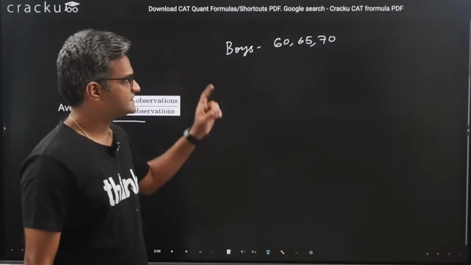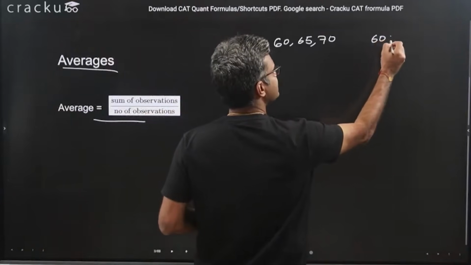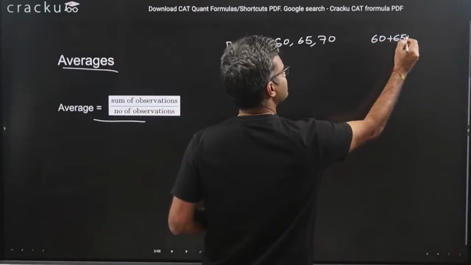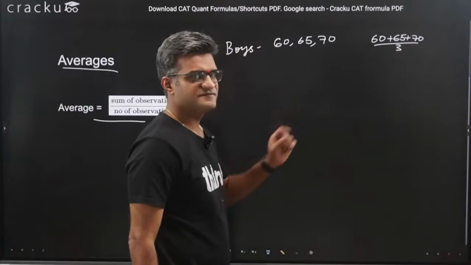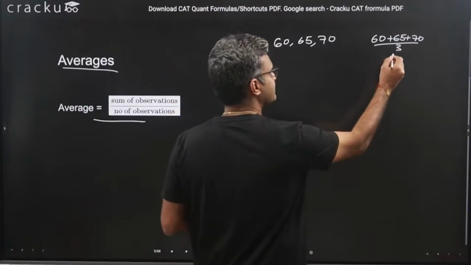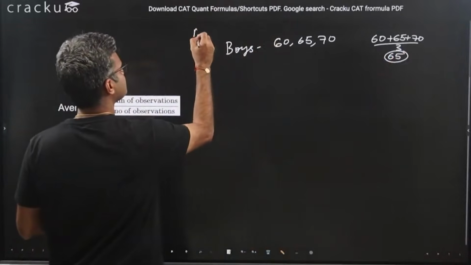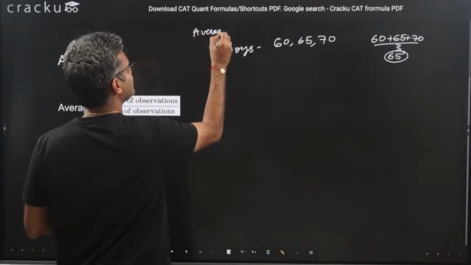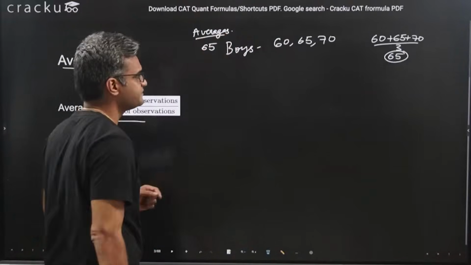The average height of the boys is the sum of their heights, which is 60 plus 65 plus 70, divided by 3. You will notice this equals 195 by 3, which is 65. So the average height of the boys is their total height divided by the number of boys, which comes to 65 centimeters.